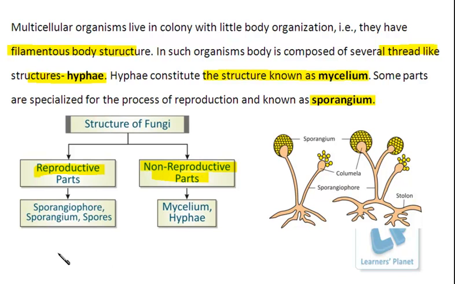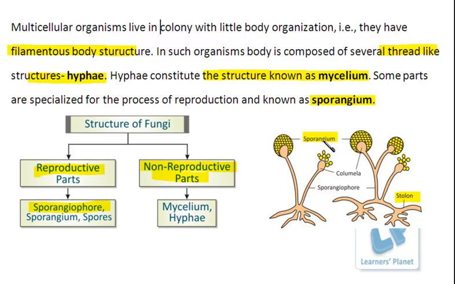The reproductive part is known as the sporangiophore, which I can define as the mycelium which is bearing the spores or the sporangium. You can see this picture here. In this, these thread-like structures are present. These thread-like structures are labeled here as the stolon. So the stolon is actually nothing but the mycelium or the hyphae. Fine. Then these vertical structures are there, on which this round structure is present, which is known as the sporangium.